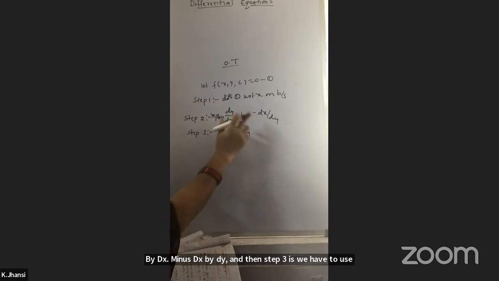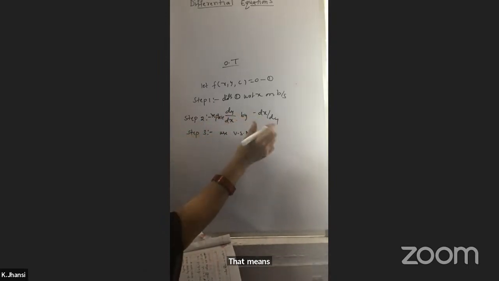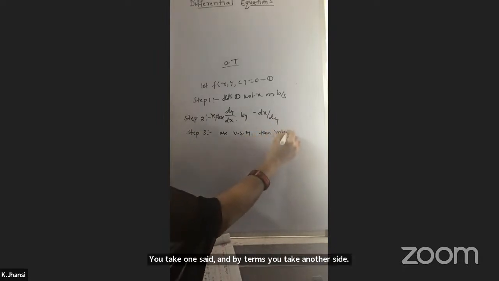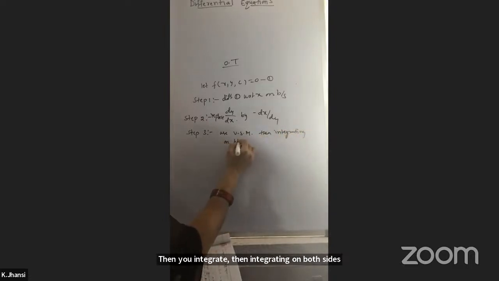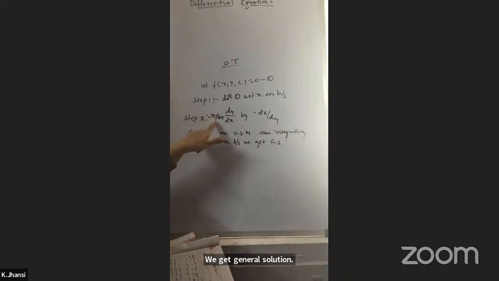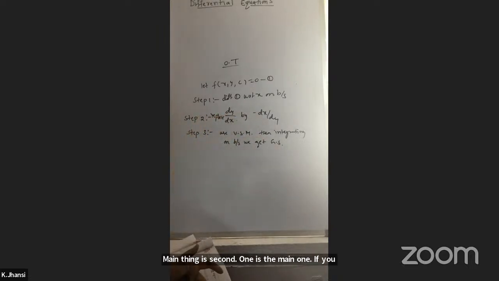That means the x terms you take on one side and the y terms on the other side, then integrate on both sides and we get the general solution. The main thing is the second step. If you do not use the second step, you will not get the solution.